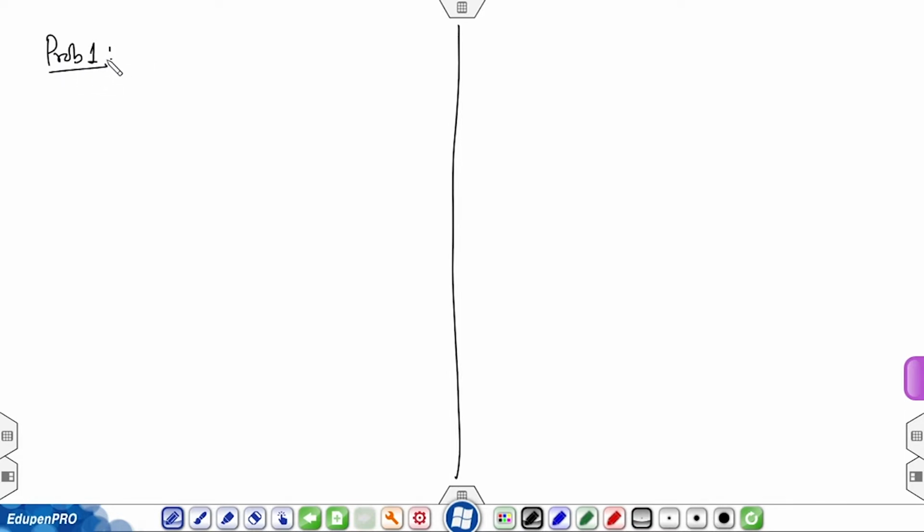Problem number 1, I am taking from Griffiths and extending it.